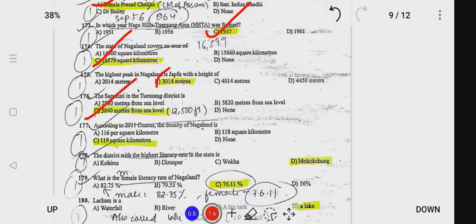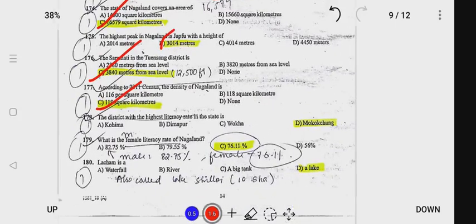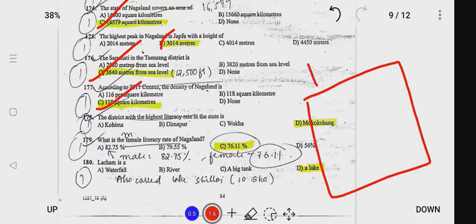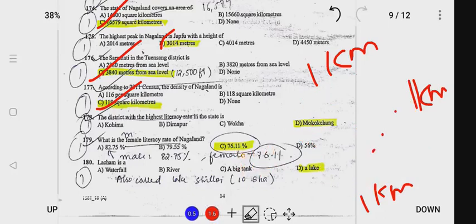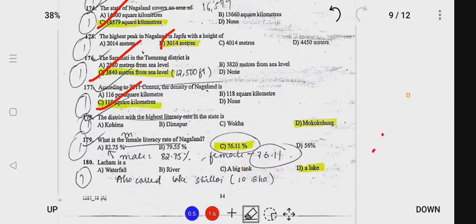Next, according to the 2011 census, the density of Nagaland is 119 per square kilometer. The number of people living in 1 square kilometer is also known as the population density.